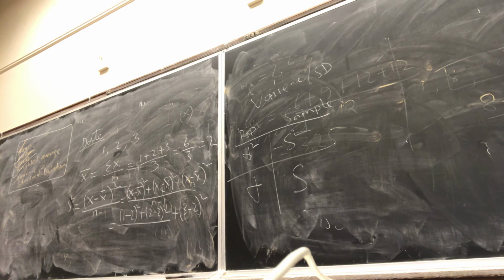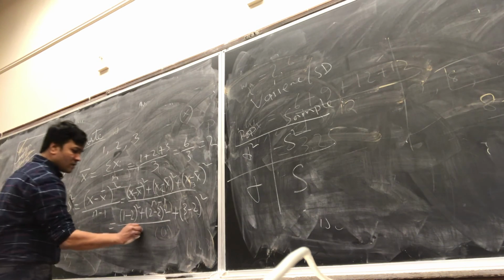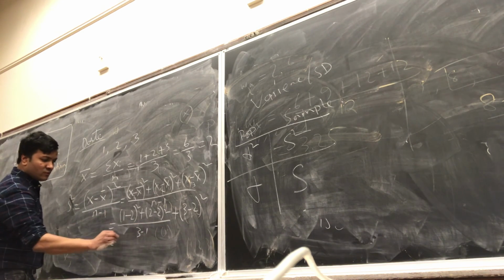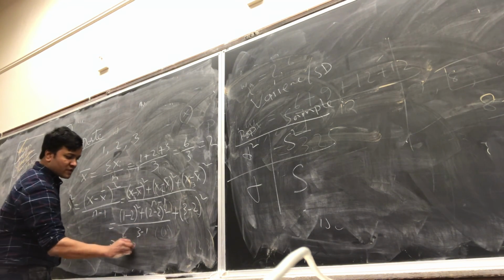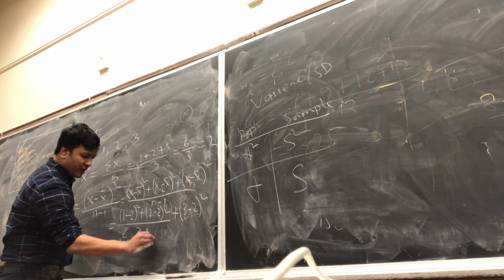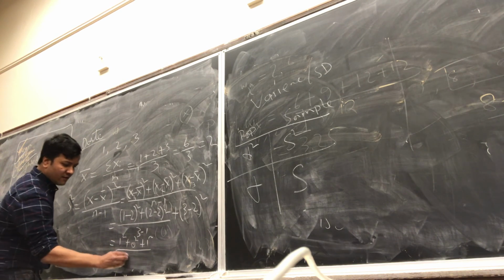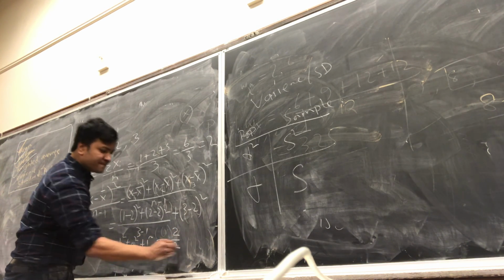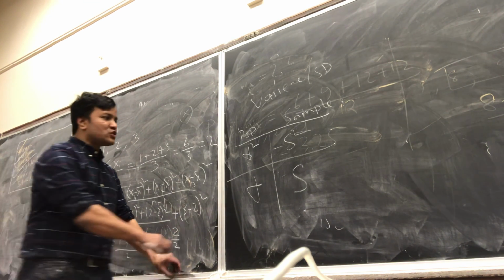And n is 3, so n minus 1 is 2. So what is it? 1 squared plus 0 squared plus 1 squared over 2. So s squared is 2 over 2.